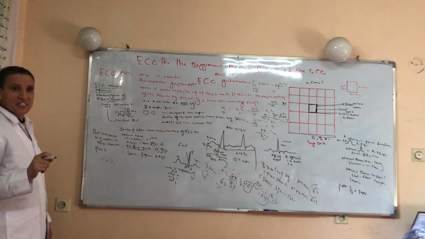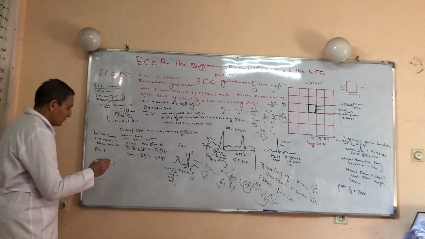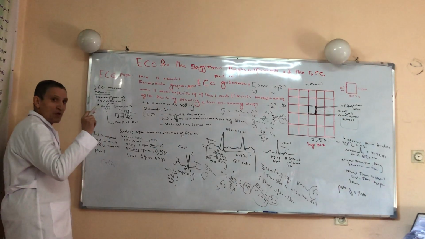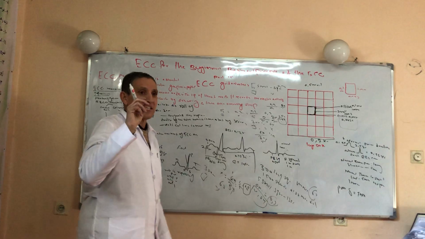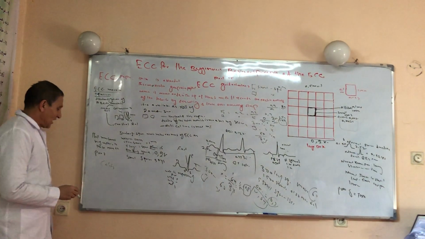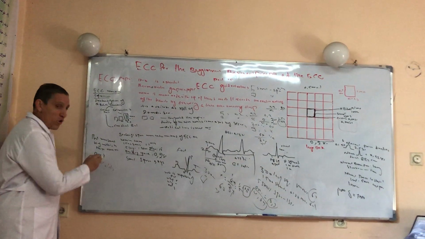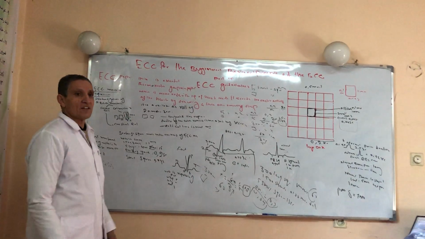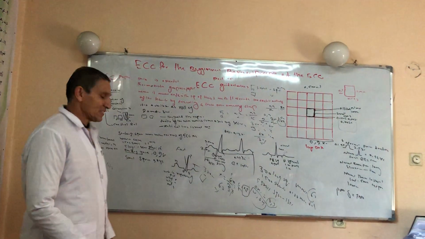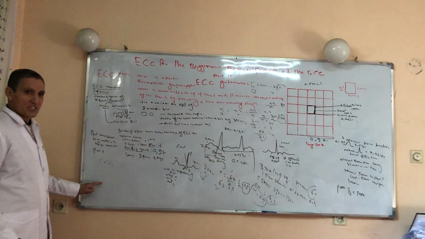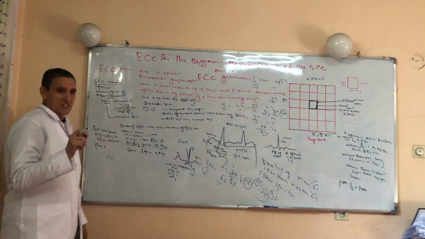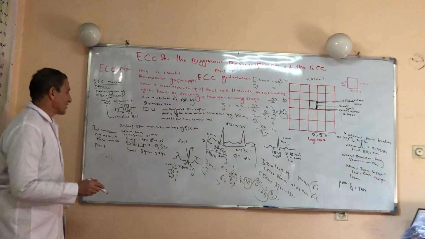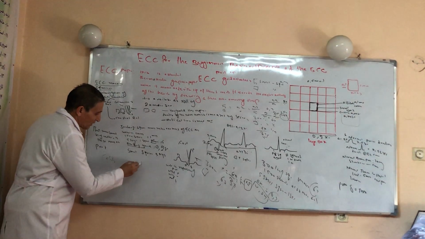It displaces the needle of the ECG machine by 10 millimeters, or 2 large boxes, which represents 1 millivolt, or finally 1 centimeter. 1 millivolt displaces the needle of the ECG machine up to 2 large squares.